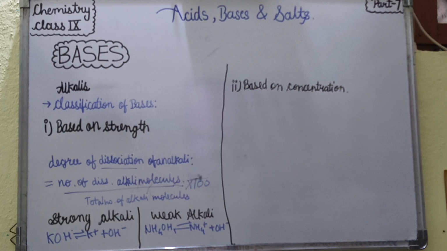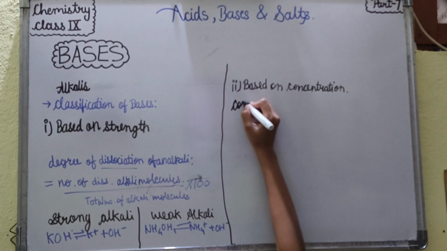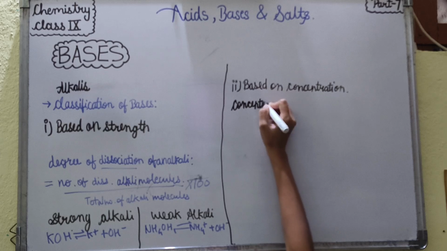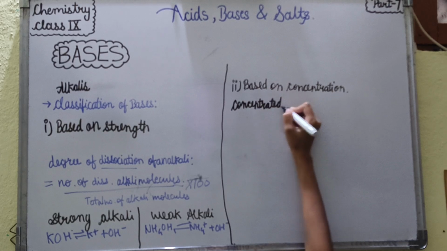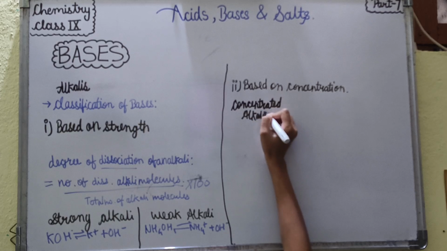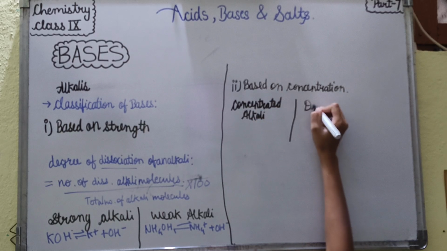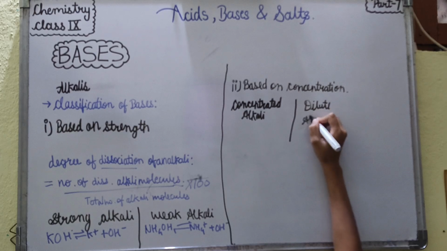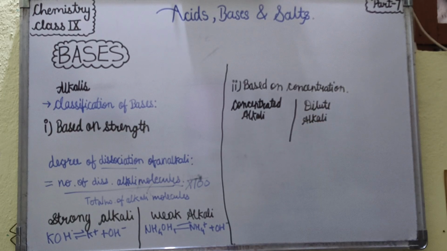Based on this, alkalis are classified as concentrated alkali and dilute alkali. Concentrated alkali is a base with a relatively high percentage of base in its aqueous solution, whereas dilute alkali is a base with a relatively less percentage of base in its aqueous solution.